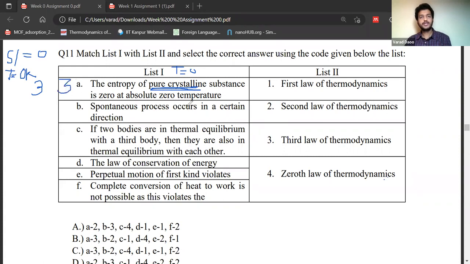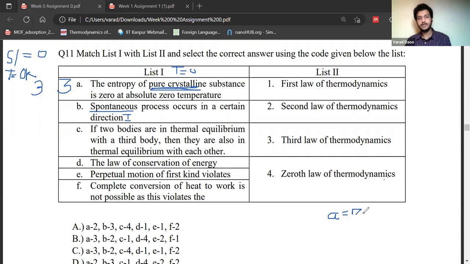Spontaneous processes occur in a certain direction. That means spontaneous means irreversible, right? So only one of them is correct, right? We have many options here and only 4 options here. If two bodies are in thermal equilibrium, that means we have A equal to 3.